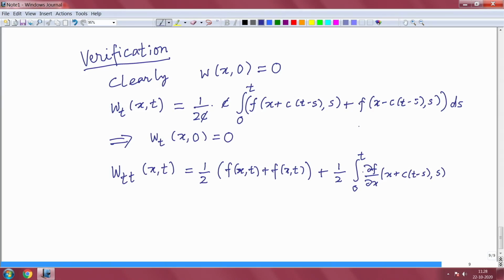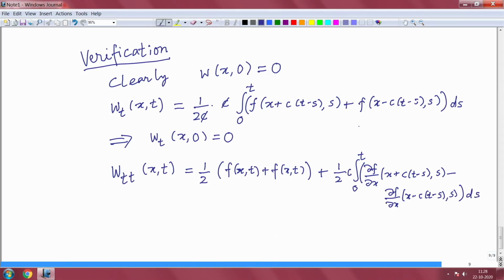When I differentiate with respect to t, there is a c coming. That c is there, and if I differentiate the second one, there is minus c. So that makes it minus del f by del x, x minus c (t minus s), ds, and there is a c coming there.